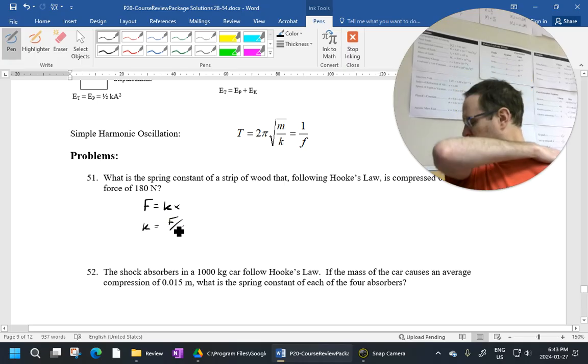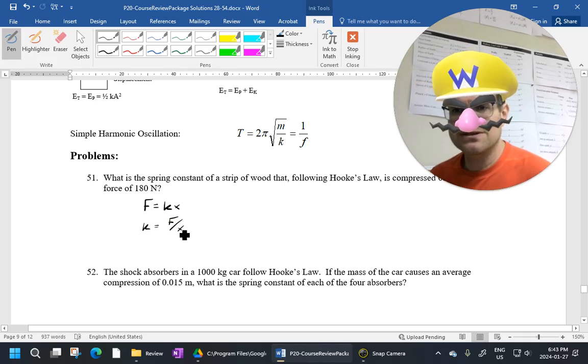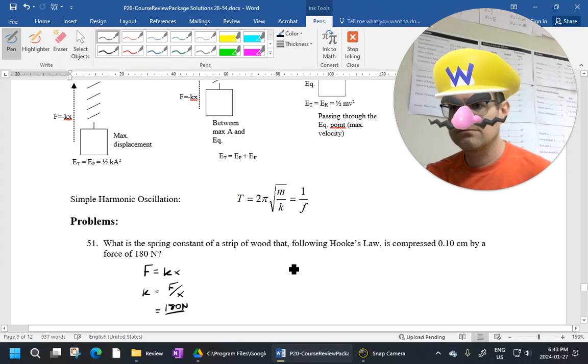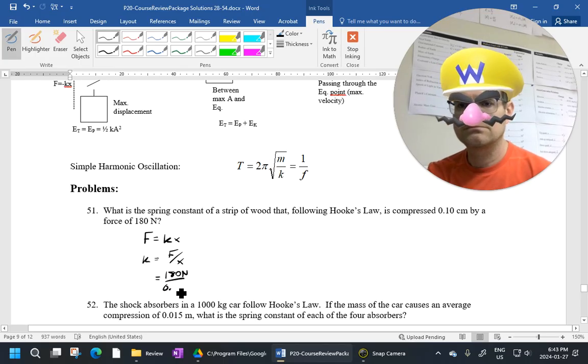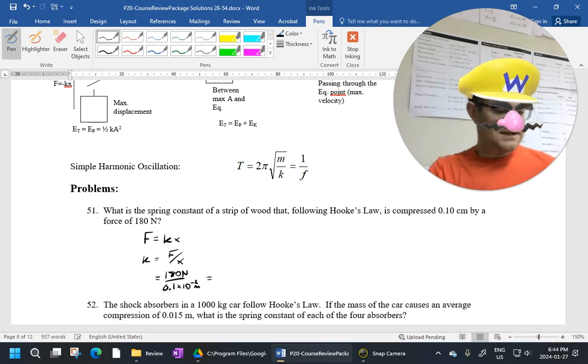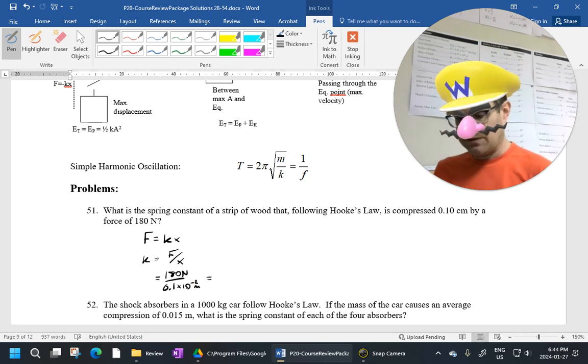I divide both sides by x here. We have the force. We have the stretch in meters. So just like any other formula, we want this to always be in the proper units.